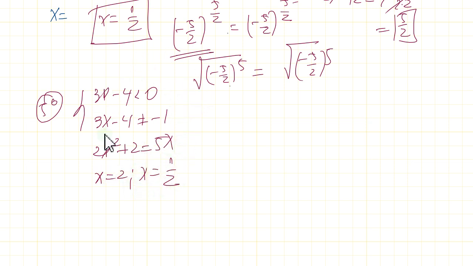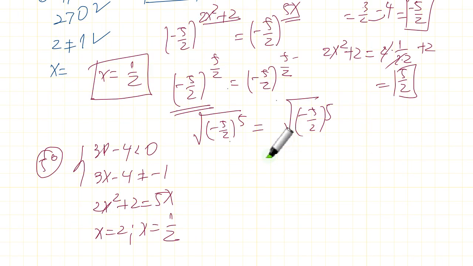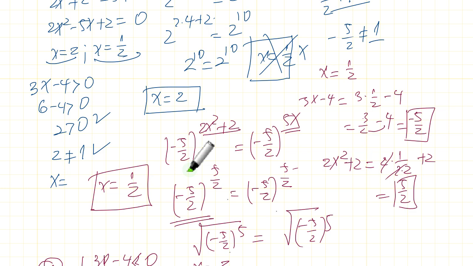And if we try every one of them here, in the first case, 3x minus 4 is not going to be less than 0. Actually, it's going to be greater than 0. And for this one here, it's going to be less than 0 because we said it here.